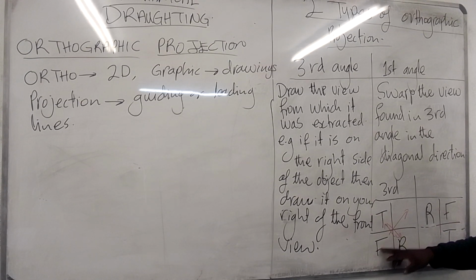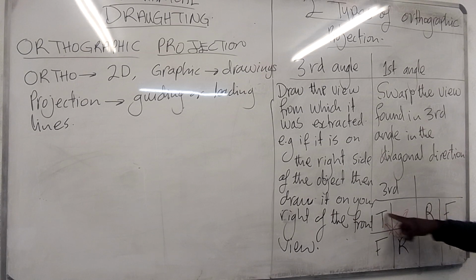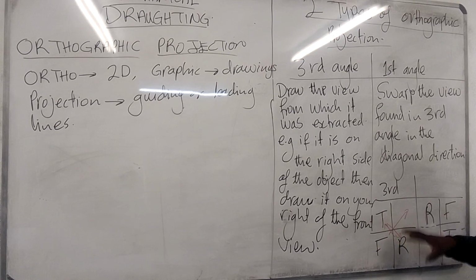You see, front will go there, it's there. Top will come here, it's there. Right will go there. So you are only swapping the views you have already allocated in the third angle projection. You swap them in a diagonal direction in order for you to build first angle projection.